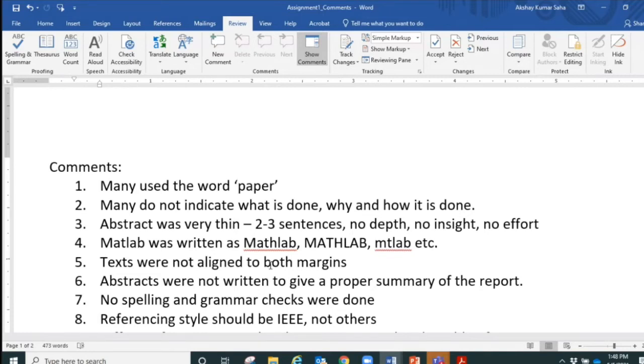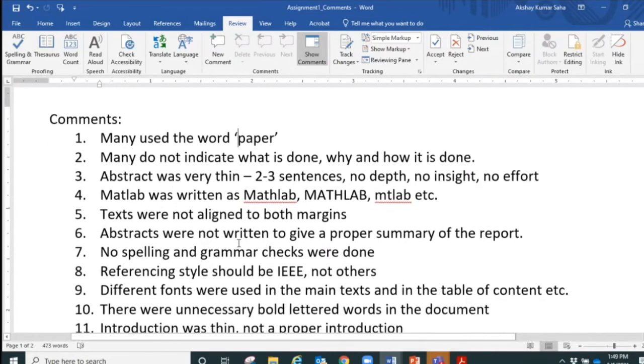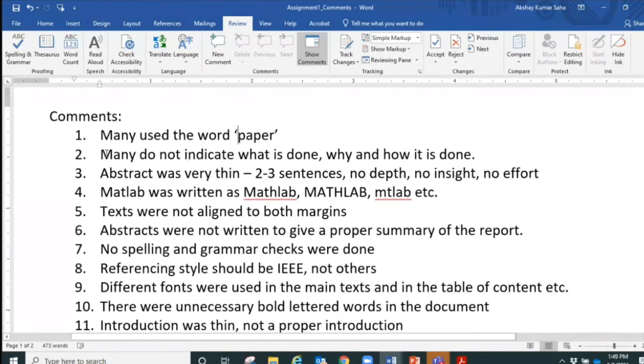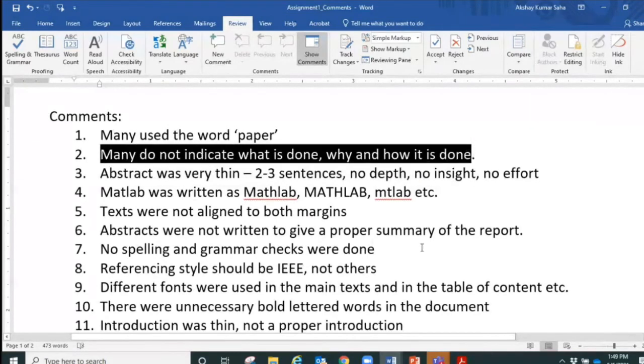When you are writing a conference paper or a journal paper, then you write this paper. When you're writing a report, you must say that it's a report. Every word has some specific meaning and they are taken very seriously into account. So many used the word paper, and this was very serious.